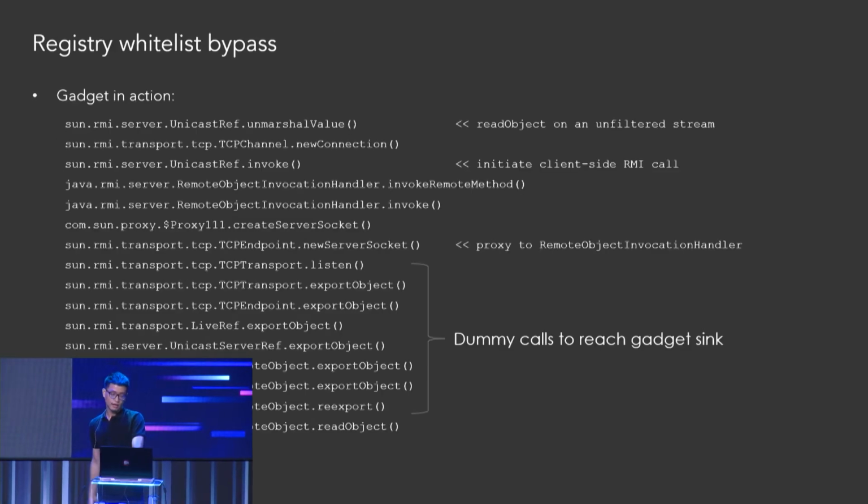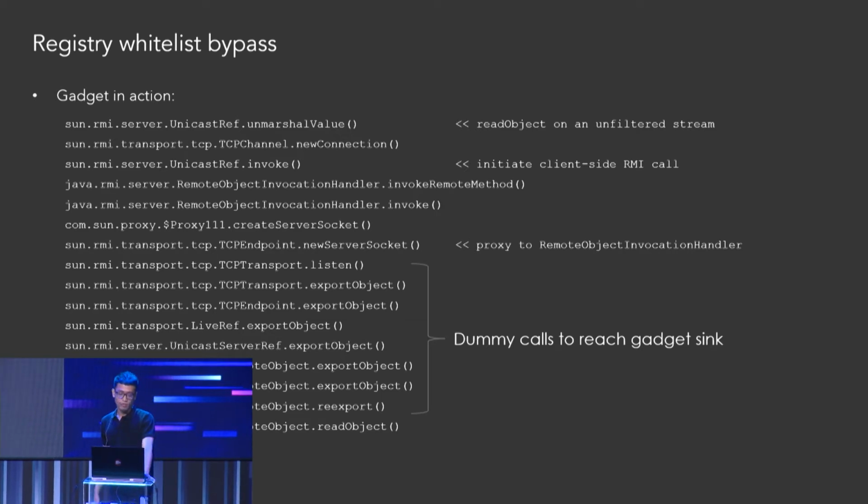So this is the gadget in action. As you can see at the bottom of the stack trace, we are using UnicastRemoteObject. These are all classes in the RMI packages, and we are using UnicastRemoteObject as a trampoline to jump into an interface method call.